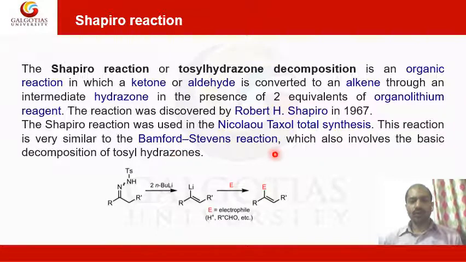So Taxol is a compound extracted from a plant, and it can be synthesized by this reaction. Here if you see this reaction, the base butyl lithium is reacted with this, so the tosyl hydrazone has been decomposed to this compound, a substituted lithium alkene.